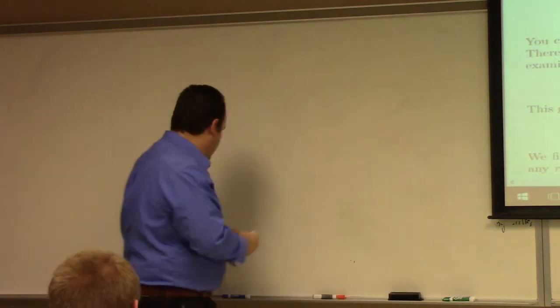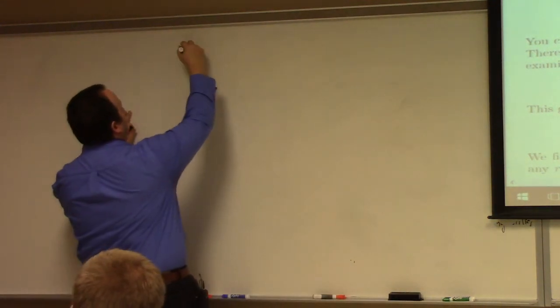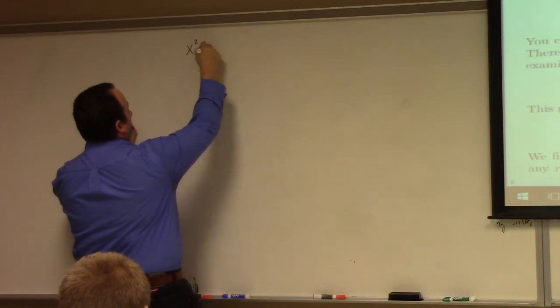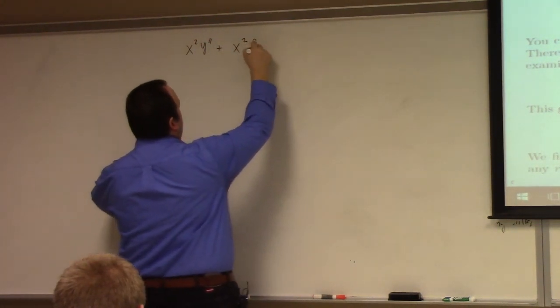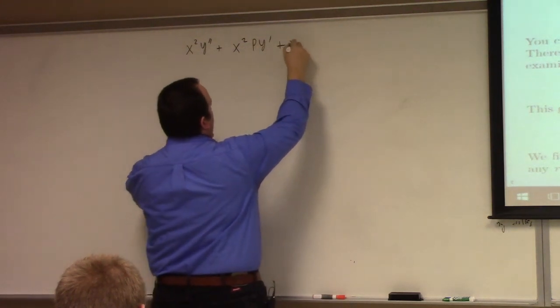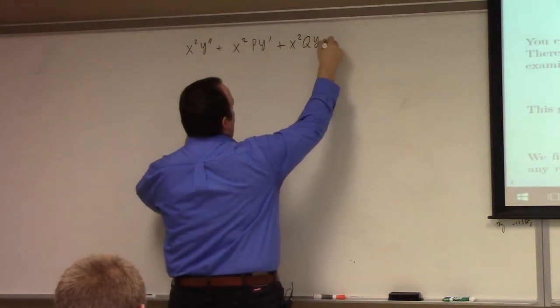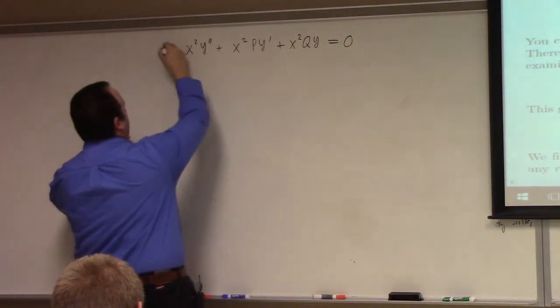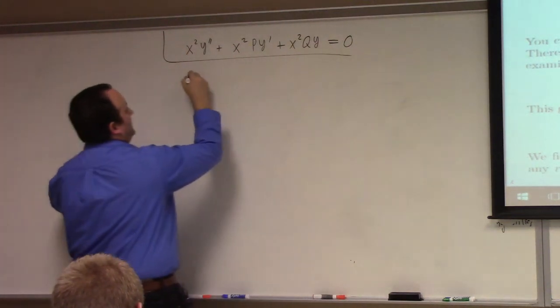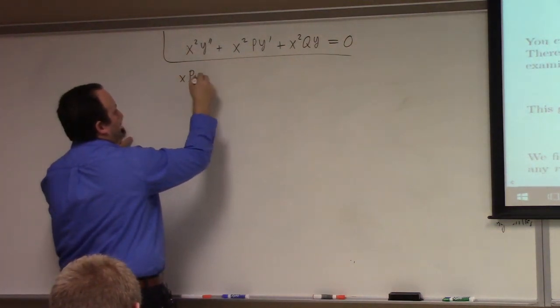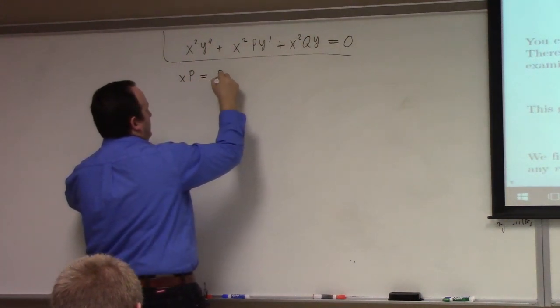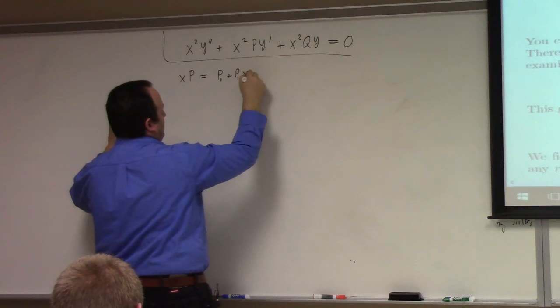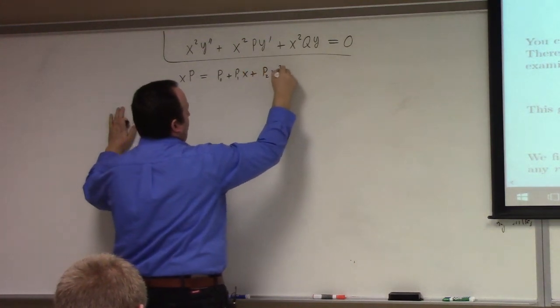All right, so we want to look at x squared y prime prime plus x squared p y prime plus x squared q y equals 0. And we're given that xp is equal to what? It's equal to, say, p naught plus p1 x plus p2 x squared.